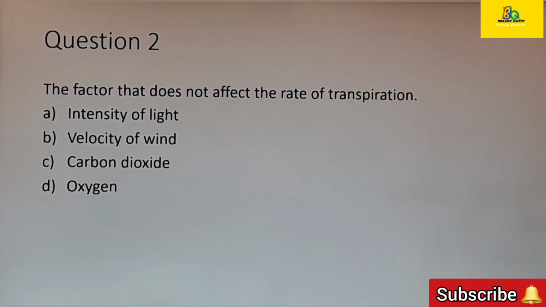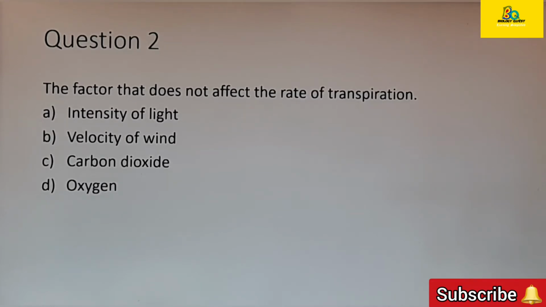So light intensity, we know as intensity of light increases, the rate of transpiration also increases, isn't it? Similarly, in the case of wind, as the wind velocity increases, the rate of transpiration also increases. What about carbon dioxide? The normal carbon dioxide concentration in the atmosphere is 0.03%.